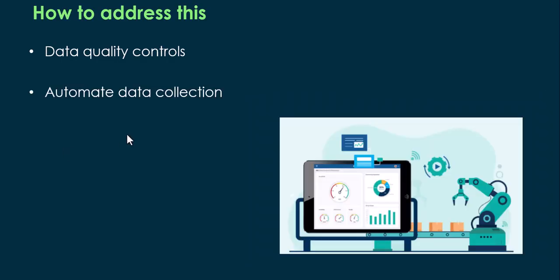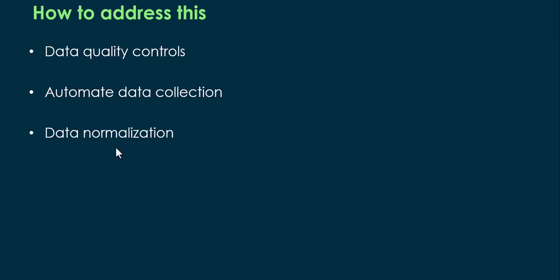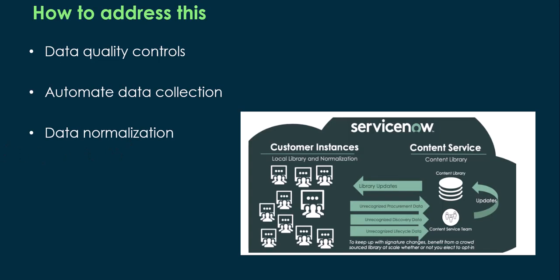Automating data collection. So if you leverage automated discovery tools like Intune or SCCM or other discovery tools, network monitoring or security tools to populate and update your CMDB, just by doing that automation, you're going to minimize the errors involved in that process.